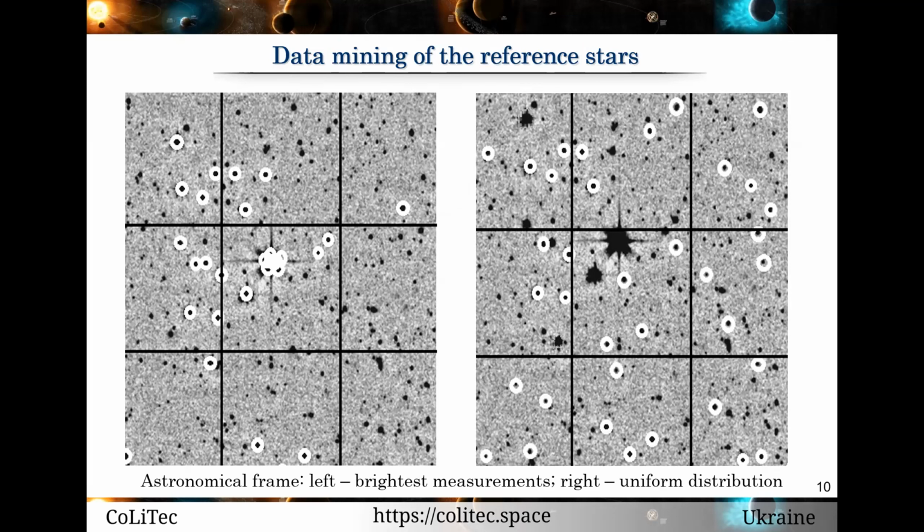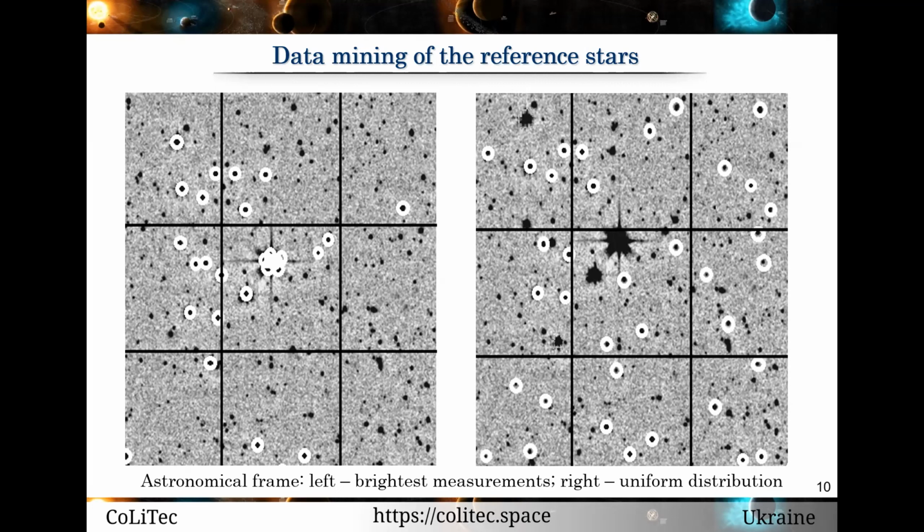Practice shows that the concentration of bright measurements in a certain area of a CCD frame, for example in the center, can increase the identification accuracy in this area, but reduce it in other areas of the same CCD frame, as shown in the left image. That's why, to ensure almost equal accuracy of object coordinate measurements throughout the entire CCD frame, it is advisable to distribute candidates for reference stars evenly throughout the frame.